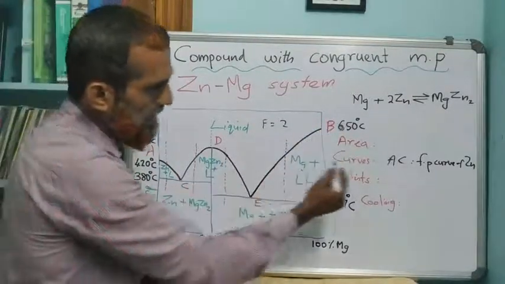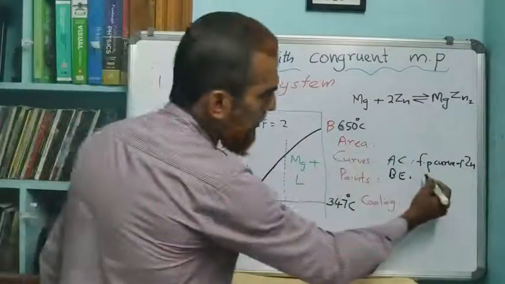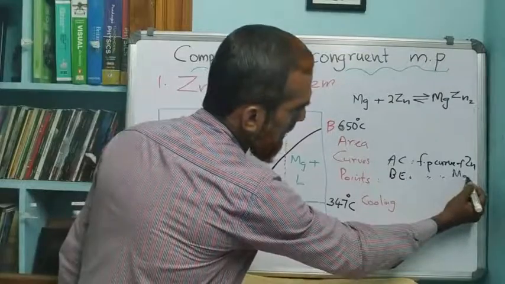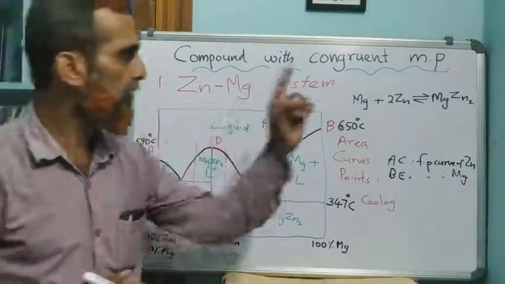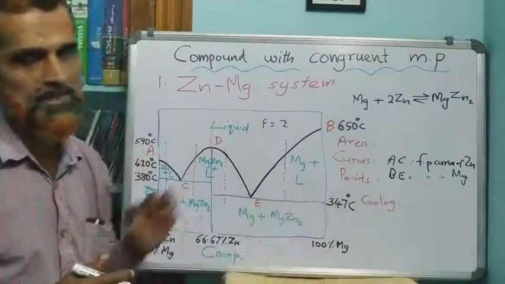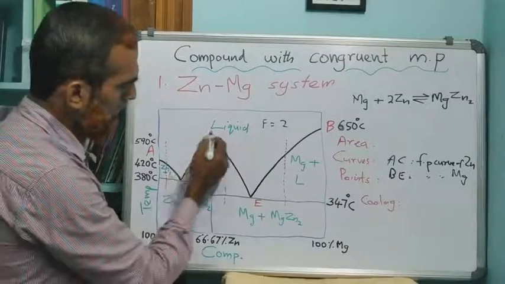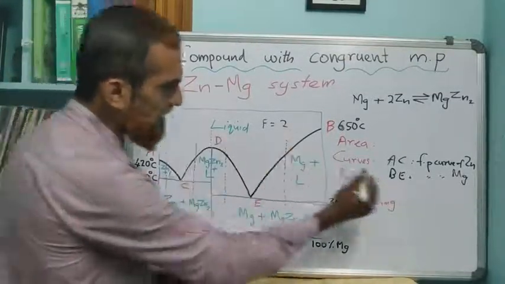What about BE? Curve BE represents the freezing point curve of magnesium. That means how the melting point or freezing point of magnesium decreases on adding increasing amount of zinc. Now what about the curve CDE, which has two parts? What is DC representing?